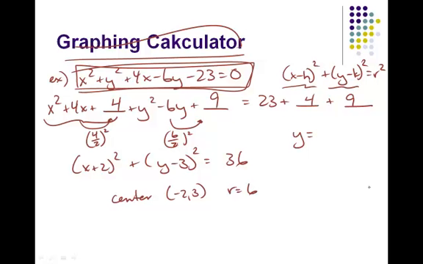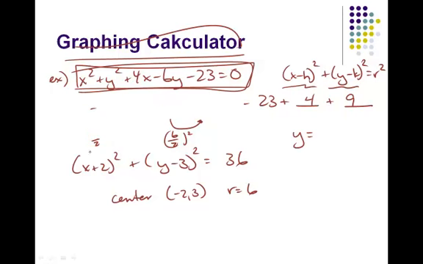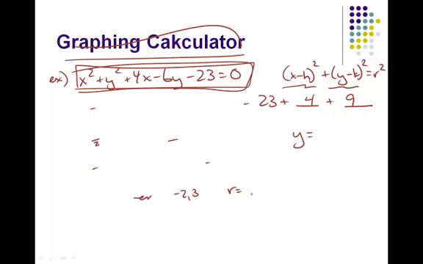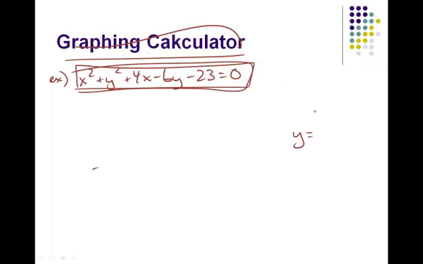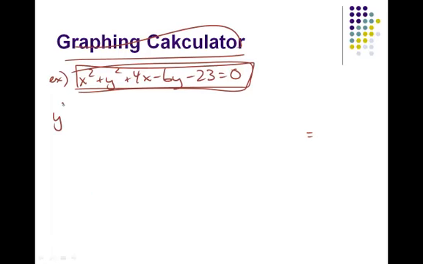I can say that this is a quadratic in terms of y. In other words, we have y² − 6y + x² + 4x − 23 = 0.